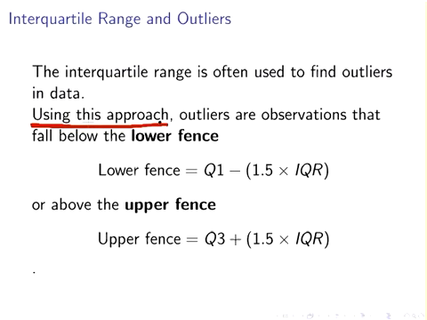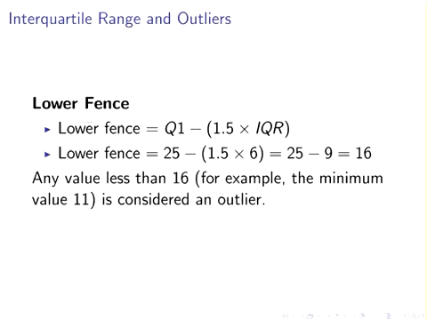So any value outside of those fences is considered an outlier according to this technique. There are other techniques where we might get different answers, but according to this technique, we'll just proceed. So the lower fence for our data: Q1 is 25, 1.5 times the interquartile range, that's 1.5 times 6, that's 9.